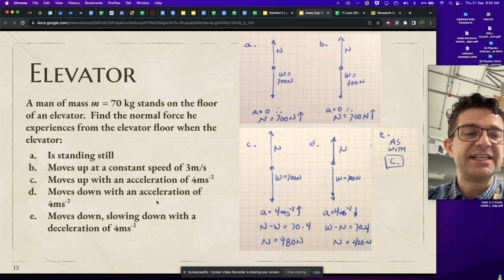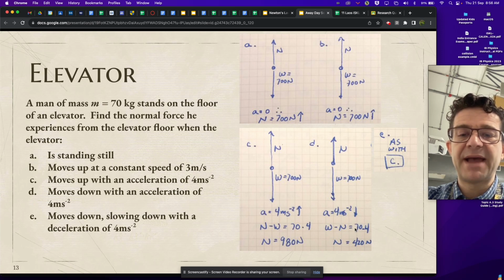In situation D, the acceleration is downward. So in this free body diagram, the same net force, but in this case, it leads to an acceleration of 4 meters per second squared downward. I'm going to keep that to be my positive direction so that when I do mass times acceleration, it's 70 times 4 downward.